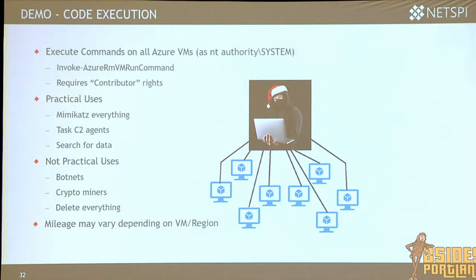But what you have to think about is we're actually uploading the entirety of that Mimikatz PowerShell script to that virtual machine, running it, and then pulling the info back down. So it does take a little while to travel over the internet. If you're going down to Australia or something, that's got a bit of a round trip to make to get back to the US. So that could take upwards of a minute or more to actually execute.